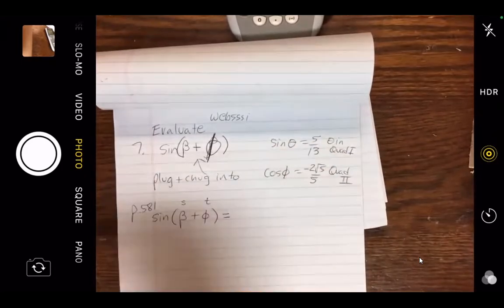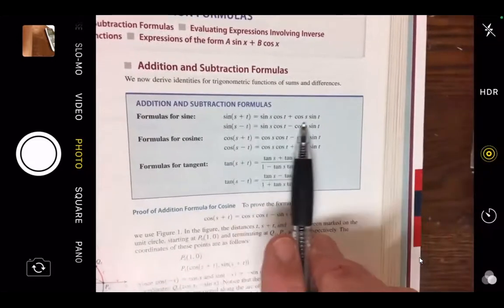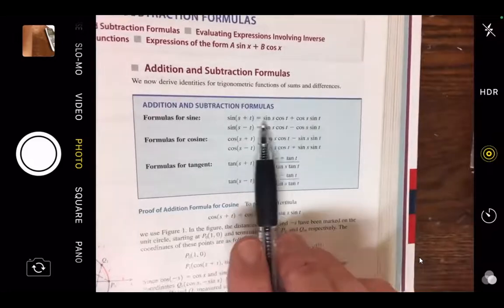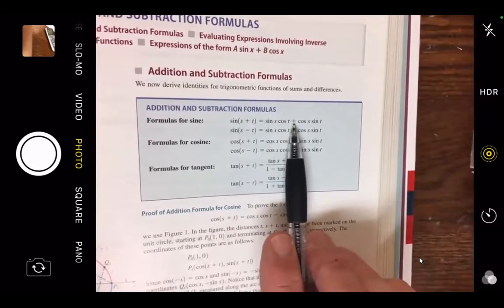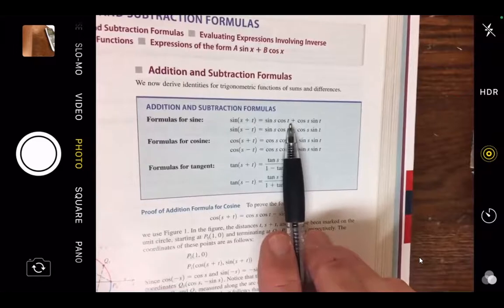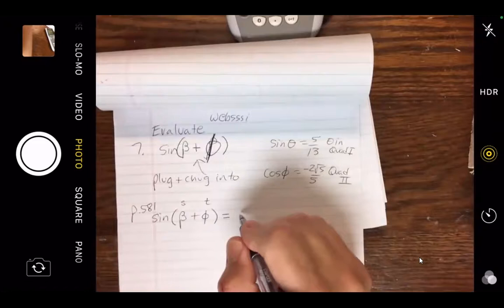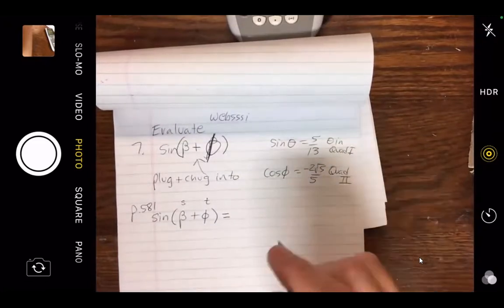So do I need to show you that formula on page 581? The addition and subtraction one. Yeah, it's the very first one. All right. So you see how that one goes as sine times cosine, same sign in the middle, and then reverses cosine sine. Will it be like word for word like that when you're looking at your assignment and looking back into the book? Yeah, we've got to know these formulas.